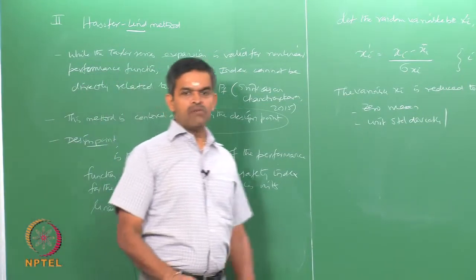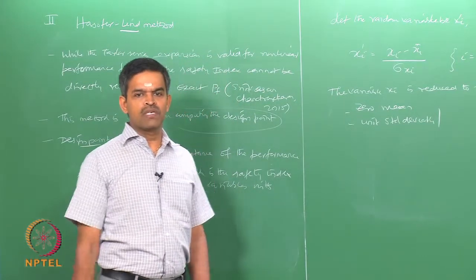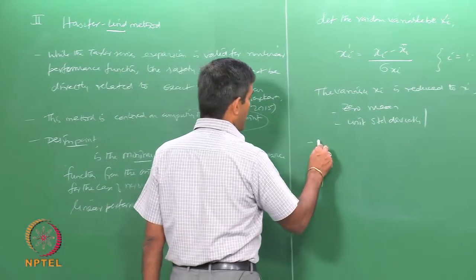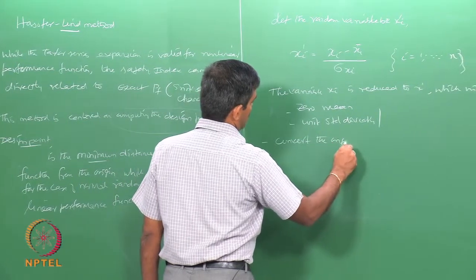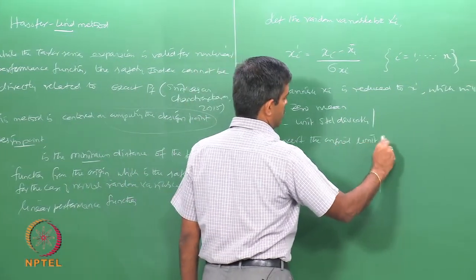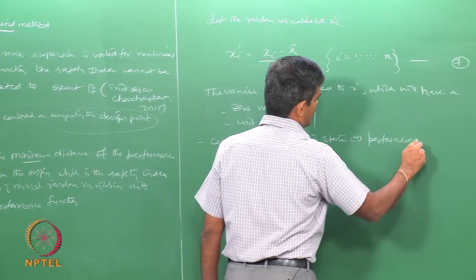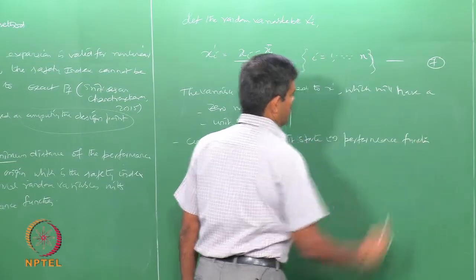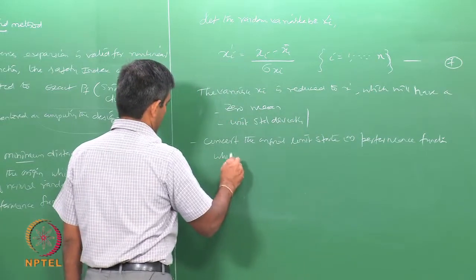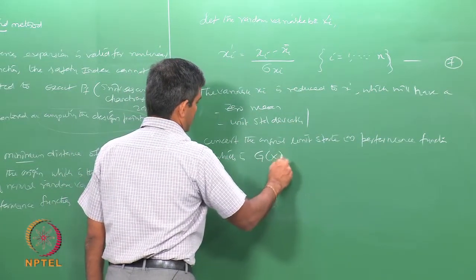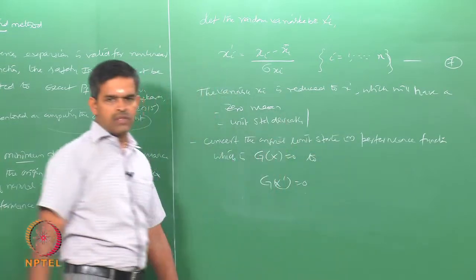Now, with the help of the reduced variable, the original limit state function or performance function will also be converted. So, now I have to also convert the original limit state or performance function, which is g x equal to 0, to g x prime equal to 0, is it not? That is what I have to do.